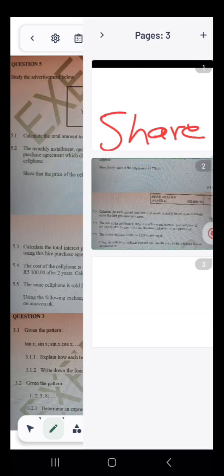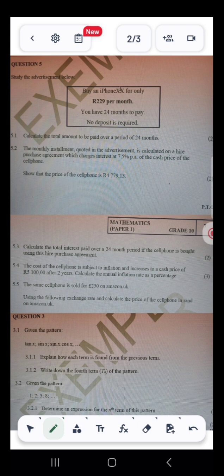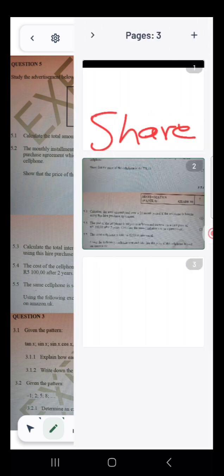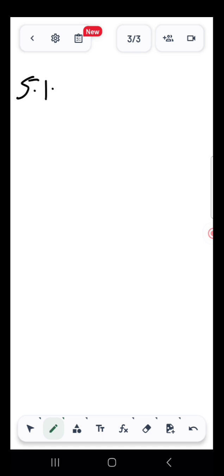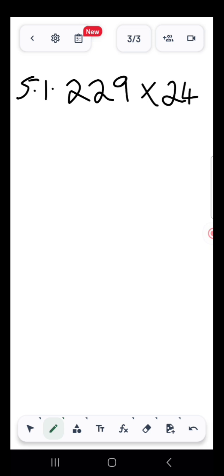Okay. So the first question says calculate the total amount to be paid over a period of 24 months. So the first thing we must do is calculate the total amount. That one is easy, about 2 marks. We're going to be paying 229 rand per month, times 24 months.